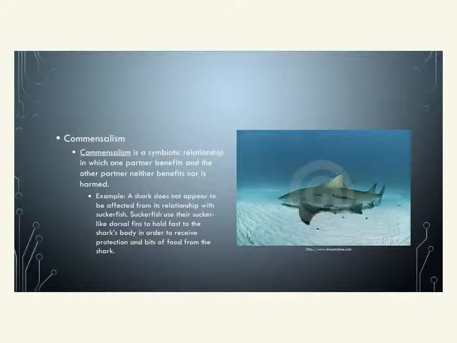So in reality, commensalism is probably an ideal situation, but it's likely that the partner that is benefiting is having some effect on the host as well. But the ones where it's difficult to tell, we would refer to as commensalism.